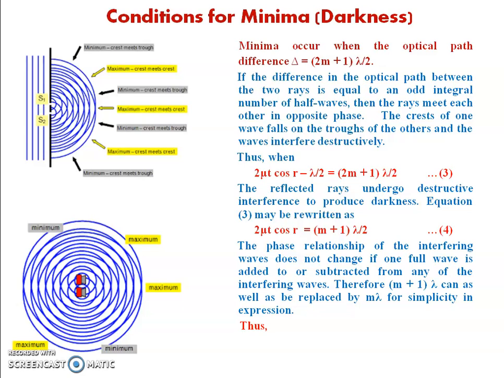The phase relationship of the interfering waves does not change if one full wave is added to or subtracted from any of the interfering waves. Therefore, (m+1)λ can be replaced by mλ for simplicity, and thus the condition for darkness becomes 2μt cos r equal to mλ.